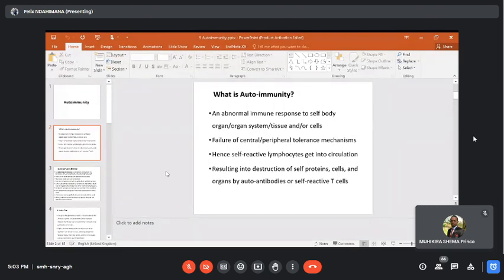So this is what is saying that self-reactive lymphocytes get into circulation and result in destruction of self-proteins like cells and other organs by autoantibodies or self-reactive T cells, which shouldn't happen normally.